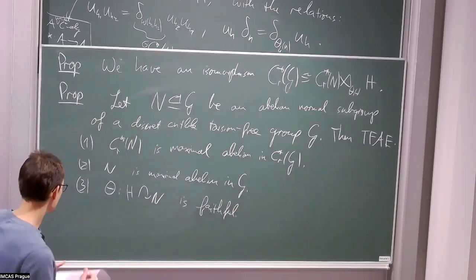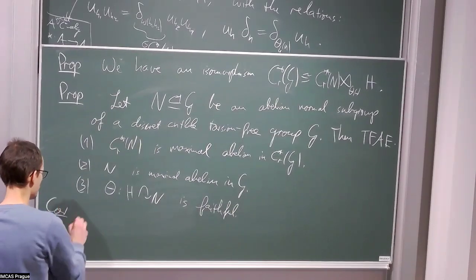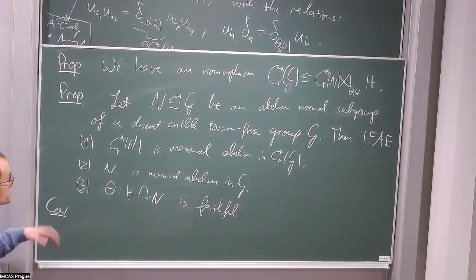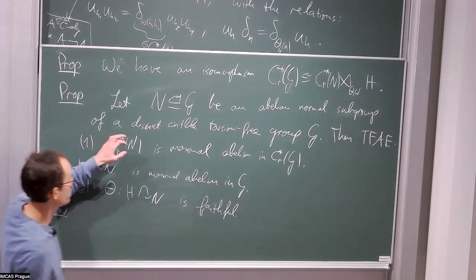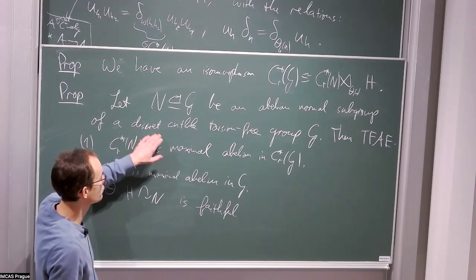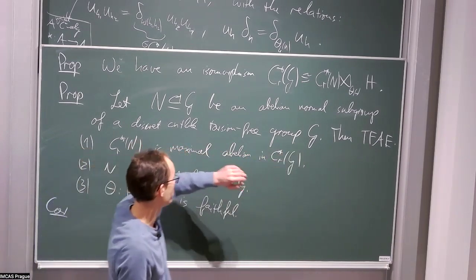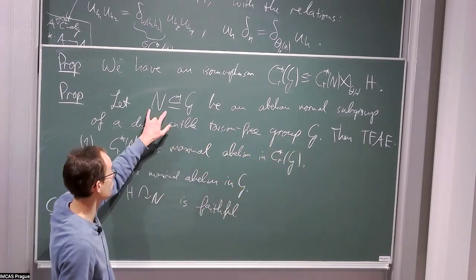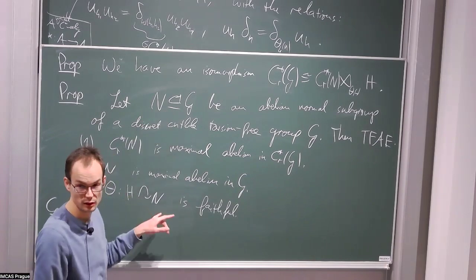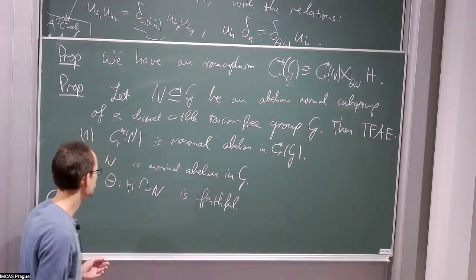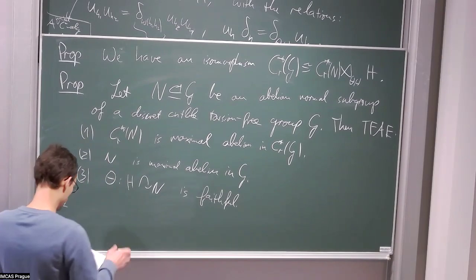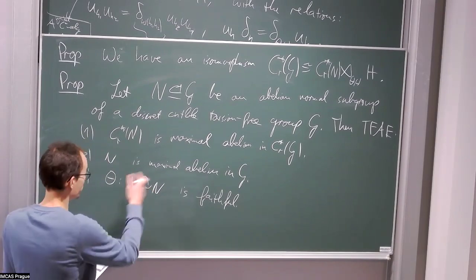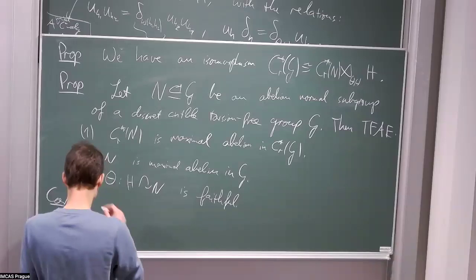An immediate corollary of this is that if you start with a virtually abelian torsion-free group G, then we have seen before that you can always choose N to be maximal abelian. So the second condition is always fulfilled, which means that you actually get a maximal abelian subalgebra.